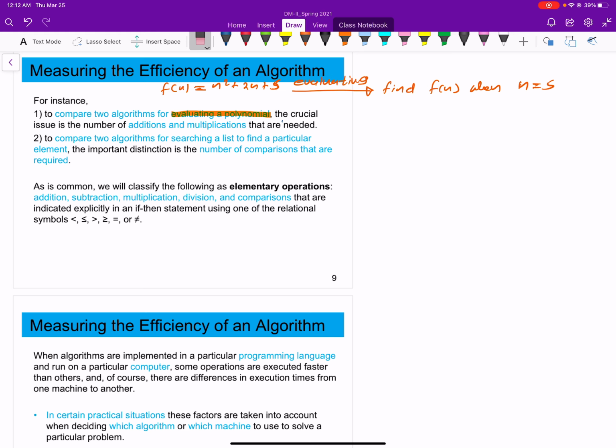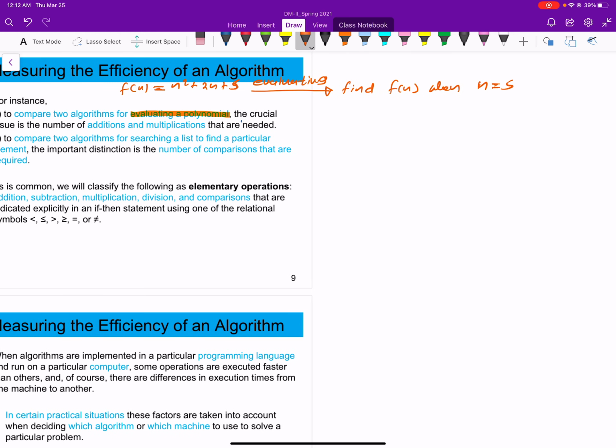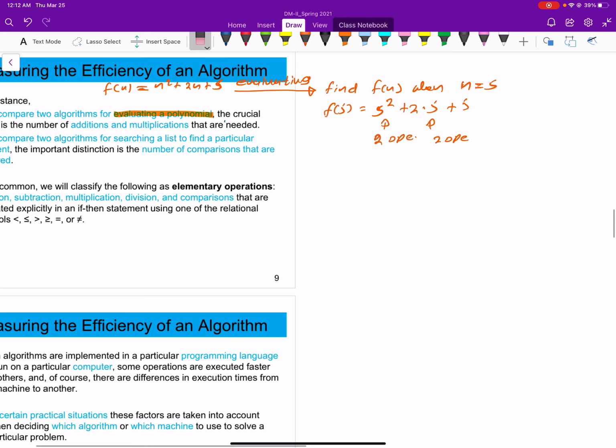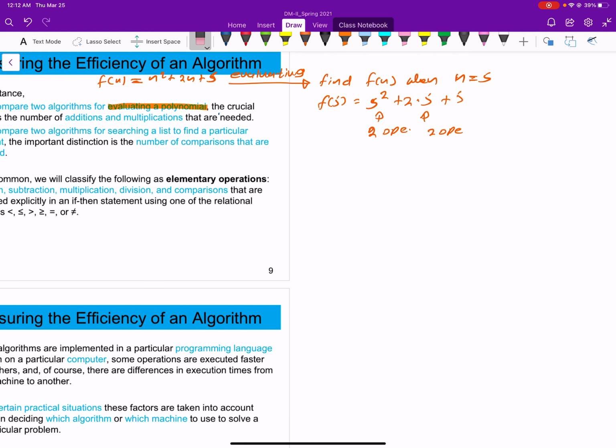Here you have to compute the number of additions and multiplications. f of 5 equals 5 square, which is a multiplication, plus 2 times 5, again a multiplication. So there are two operations for the first two terms, and then adding everything together is just one more operation, the summation.